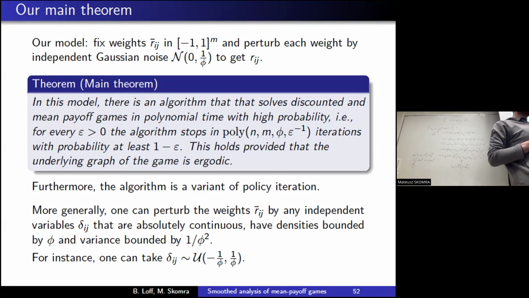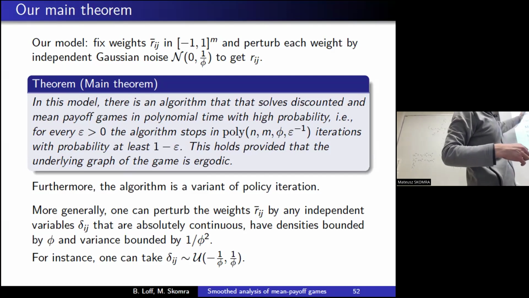So for instance, if you want to solve the games with probability 1 minus 1 over n, then here this will be n, so this is poly n. So high probability means 1 minus 1 over n in reality. As your graph gets bigger, your probability actually gets closer to 1. It's not like high probability meaning 0.8, it's 1 minus 1 over n.